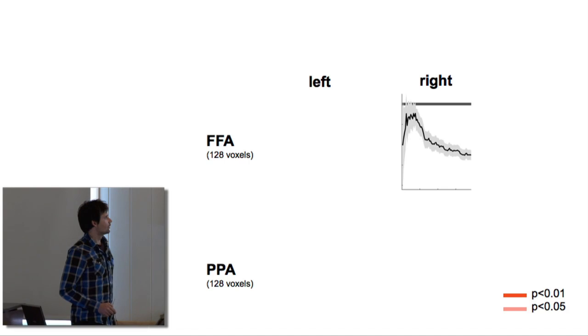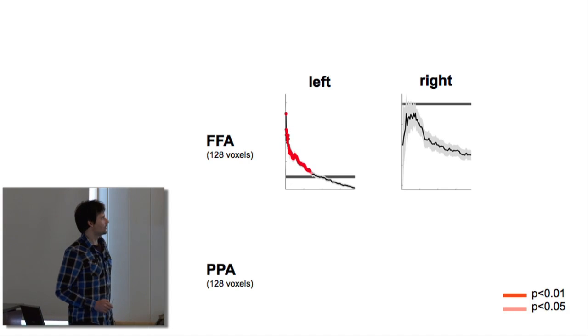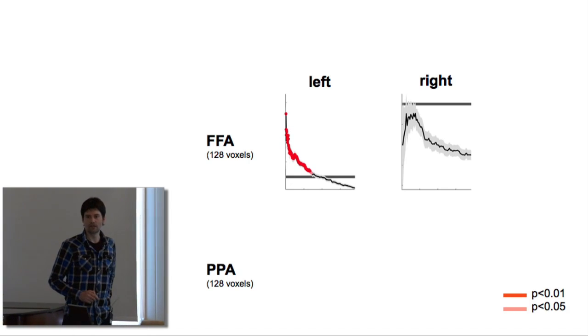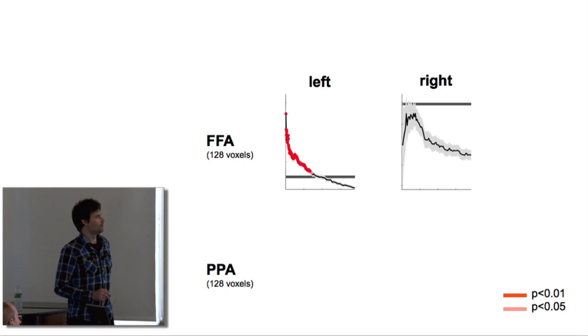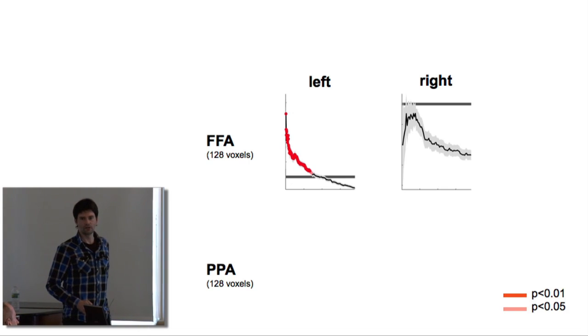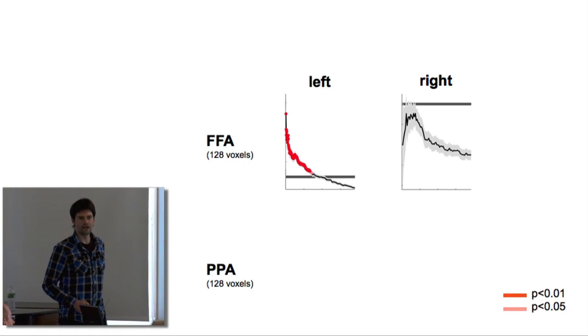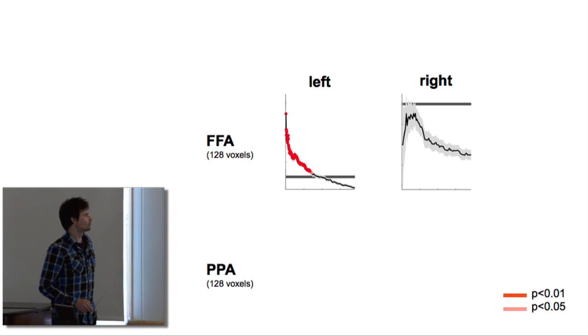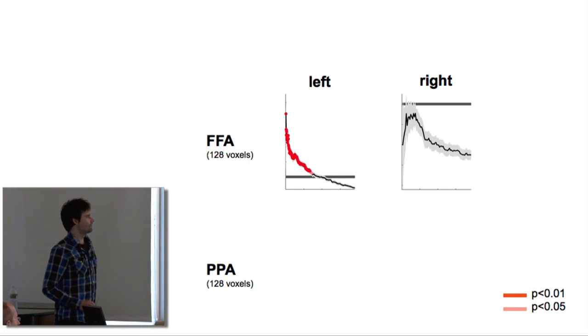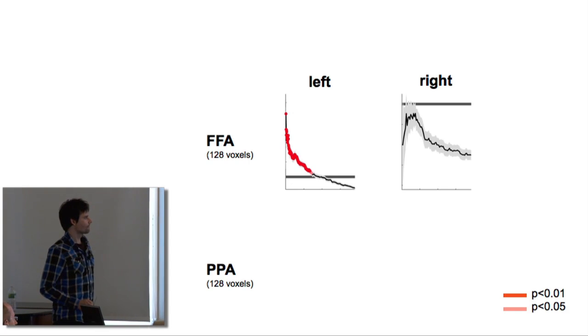So we can look at that for different regions. This is what I've just shown you for right FFA. For left FFA, this looks very, very different. For left FFA, there seems to be very strong evidence of replicating inverted pairs. So it's not nearly true, apparently, that every face drives the region more strongly than every non-face.